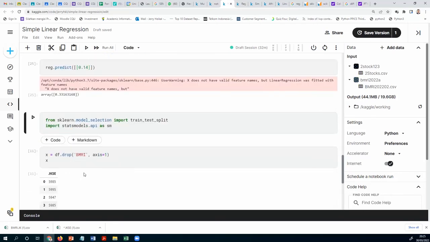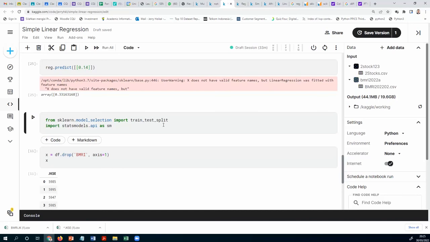The other way to calculate it is using the sklearn model and statistical model. So we can import from sklearn model selection, we import train test split. So we separate the data into the train data and testing data.